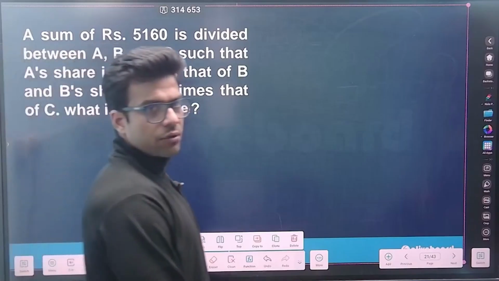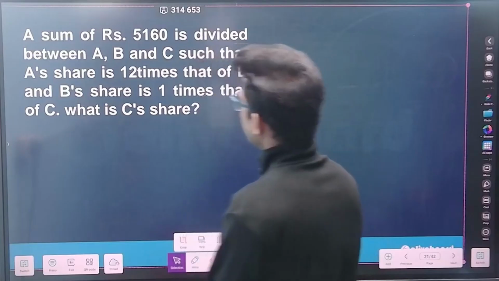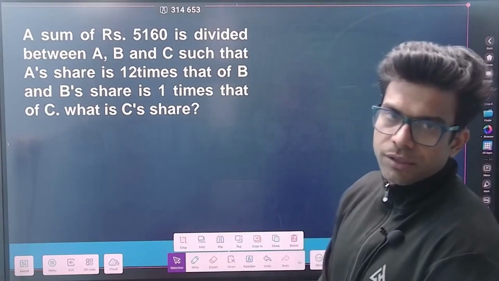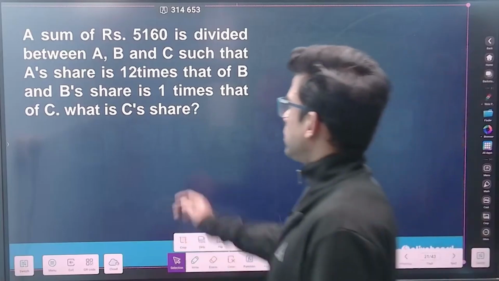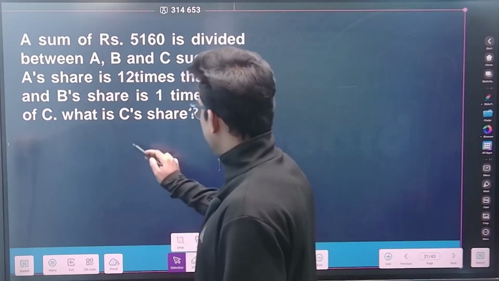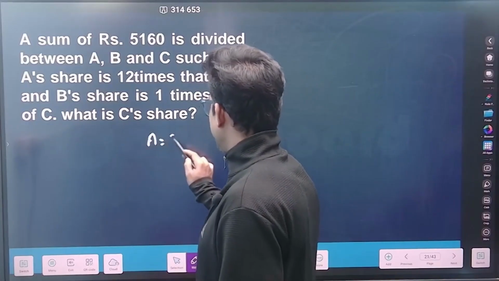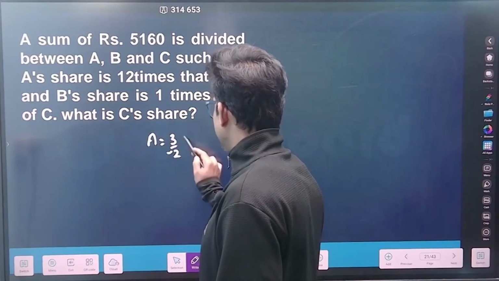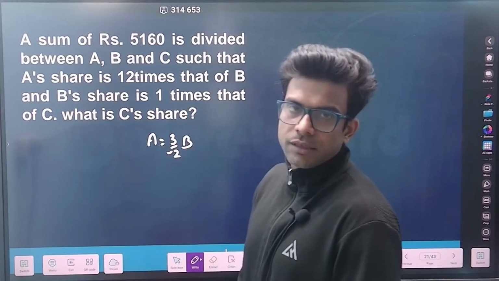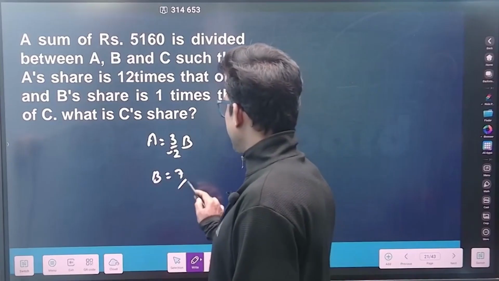You can just change the question. A share is 12 times that of B share. Now, do it instead of 12. Can you do it like 3 by 2? Basically, the question is A share is 3 by 2 of B share. And you can also change that B share is 7 by 4 of C share.